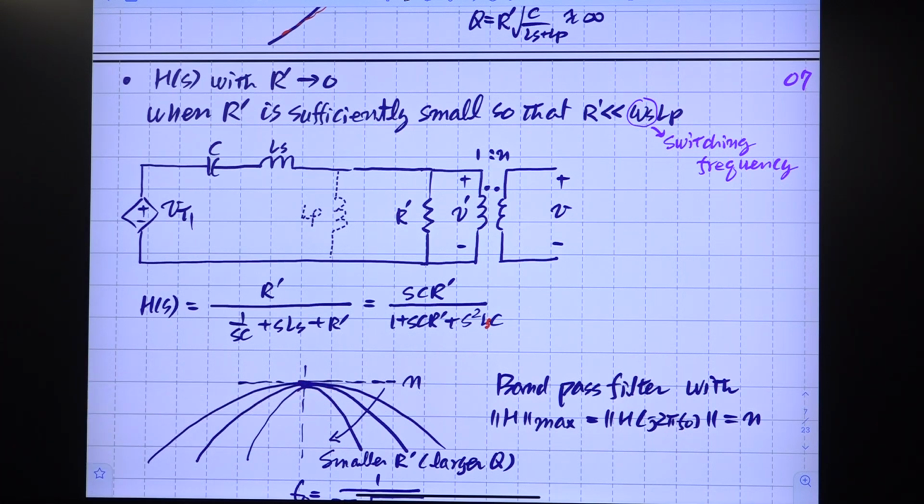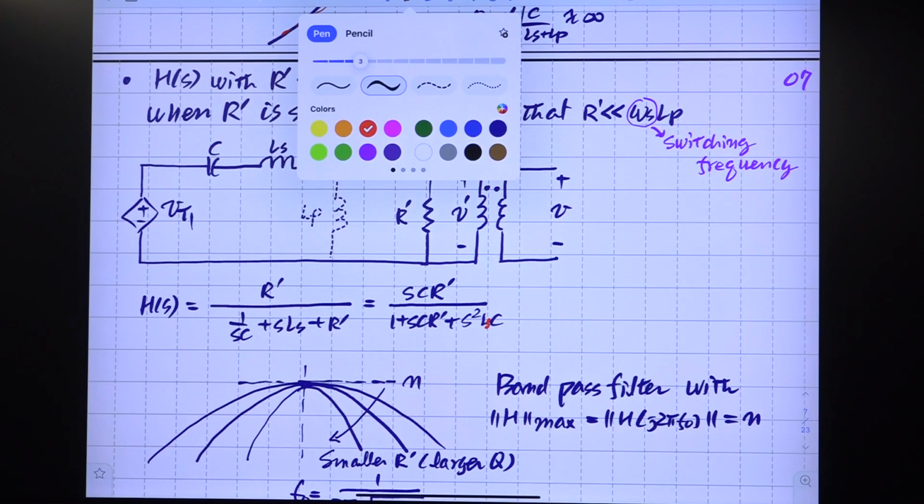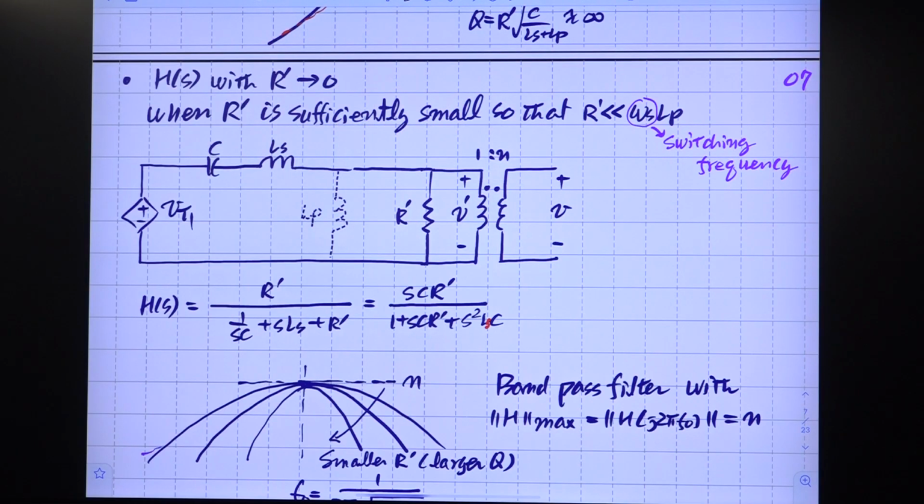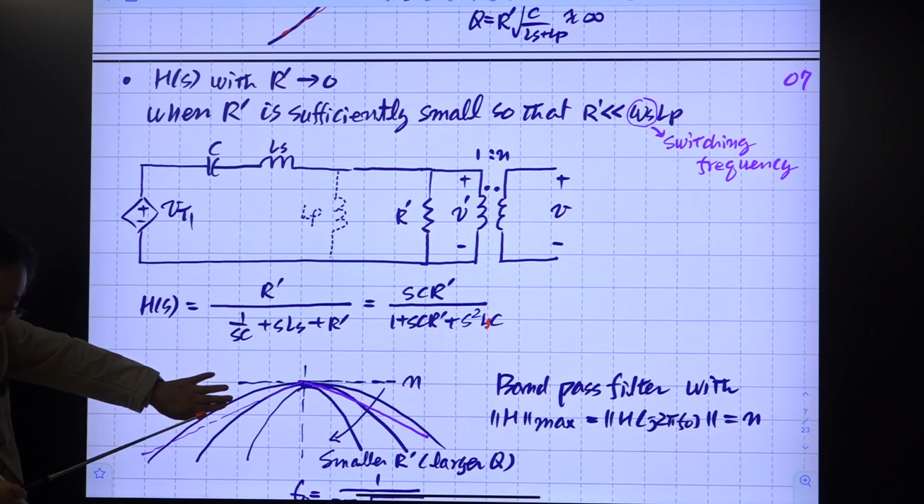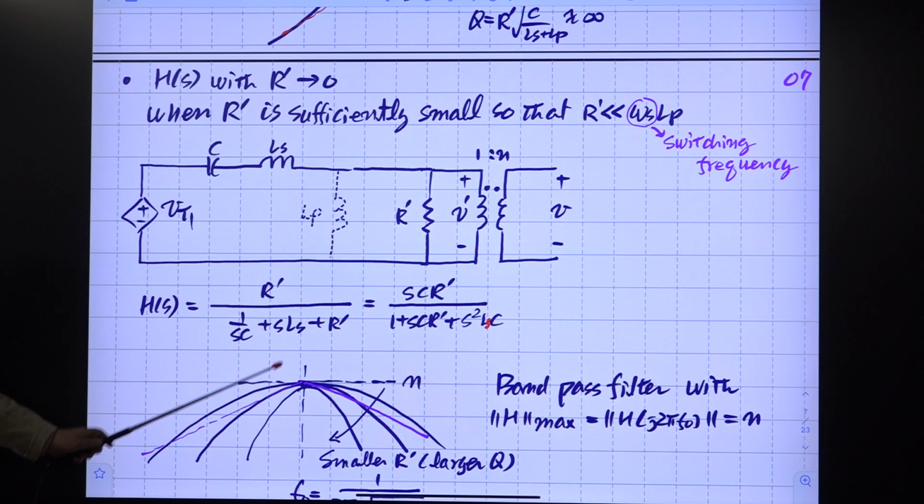If you sketch just the asymptote of this transfer function, you have this. Something is wrong here. I should delete this. This is not true. So we have a single differentiation, so it increases with a plus 1 slope. And here we have a double pole, so the slope is declining by 2.